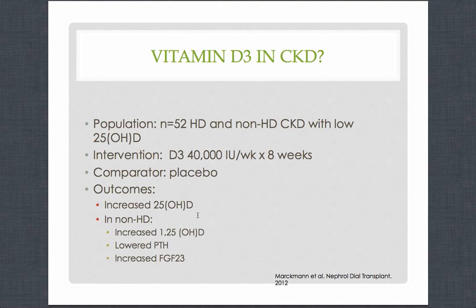So this suggests that in patients on hemodialysis, it might be too late to use vitamin D3 as a non-active form, because you're probably not going to get much renal conversion due to the progressive renal disease in those individuals. Whereas in patients who have not started hemodialysis, there's some benefit for vitamin D to be helpful.